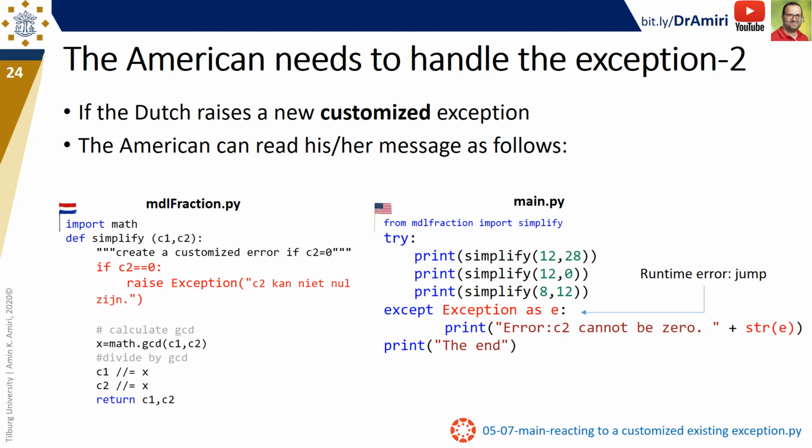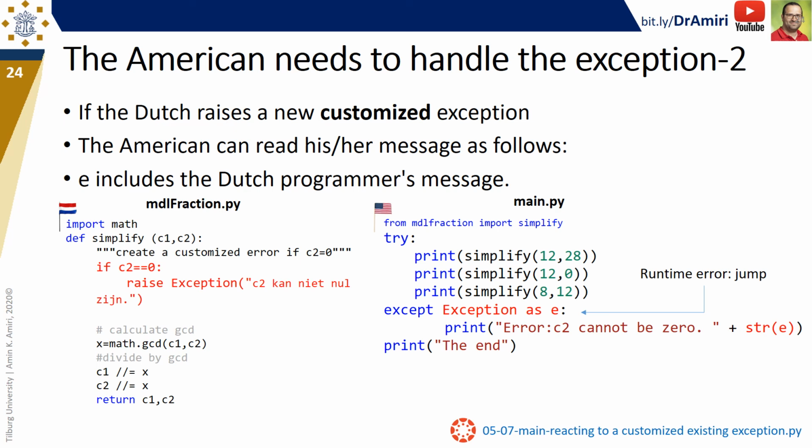This is a customized exception. So you would say except Exception as E, and then if you use str(E), the str function can turn that error message into a string. You can use if to figure out what type of error message that is, and then use print to show a customized error message to the user.